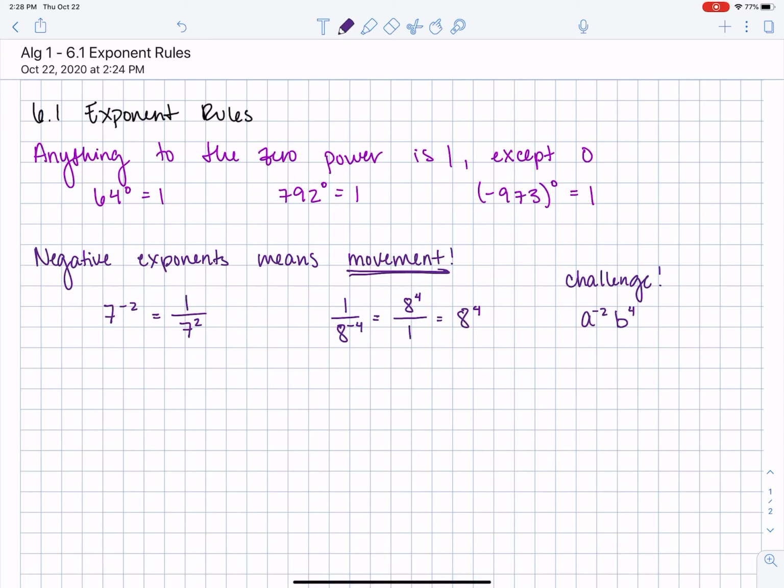Now, a to the negative 2 is the only one with a negative exponent. So when we simplify this, we're going to draw that fraction bar line, and a to the second moves down to the denominator. However, b to the fourth is a positive exponent, so we keep it in the numerator.